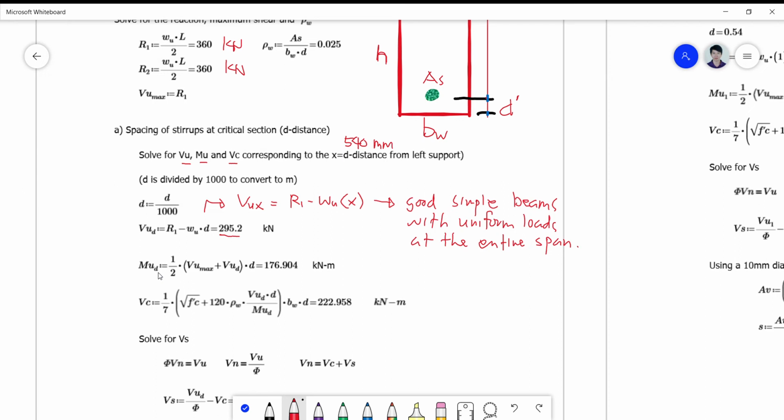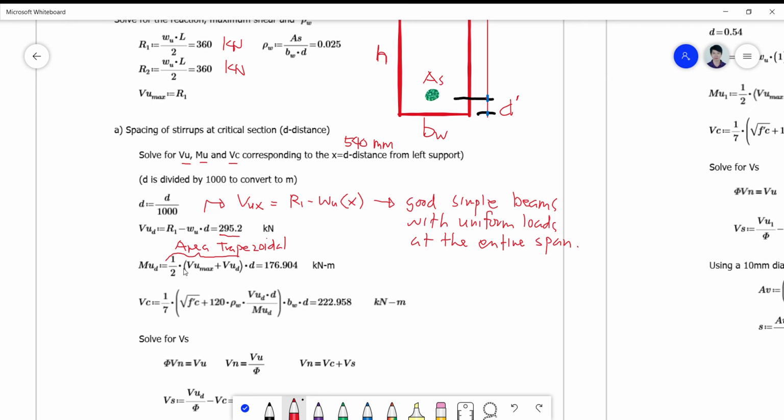The formula for the moment is simply the area under the shear diagram, which is a trapezoid. You can refer to the shear and moment diagram on our previous video.